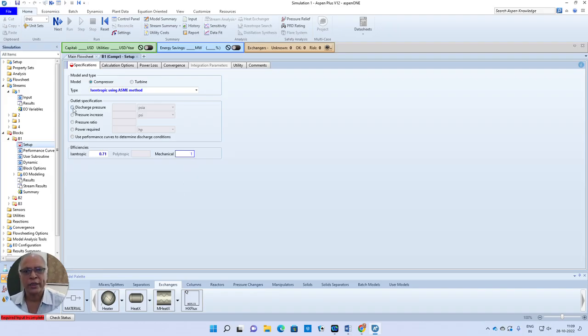So we need to compress propane from 14.7 to 120 psi. So we don't know what is the intermediate pressure or the exit pressure from the first compressor. Use this to be 50, a random guess. Anyway, we need to find out the optimal pressure at the exit of the first compressor in order to minimize the total work of these two compressors.